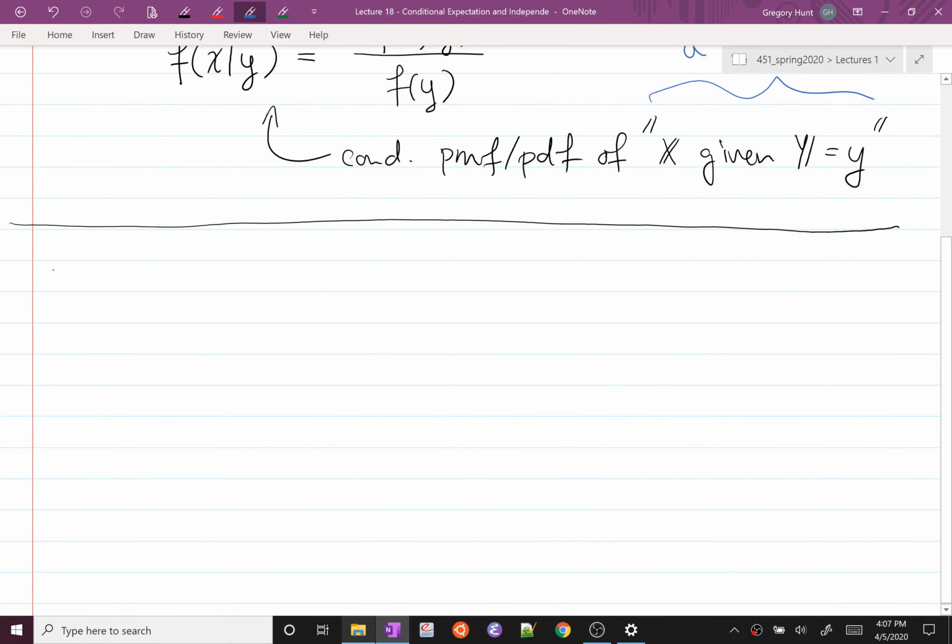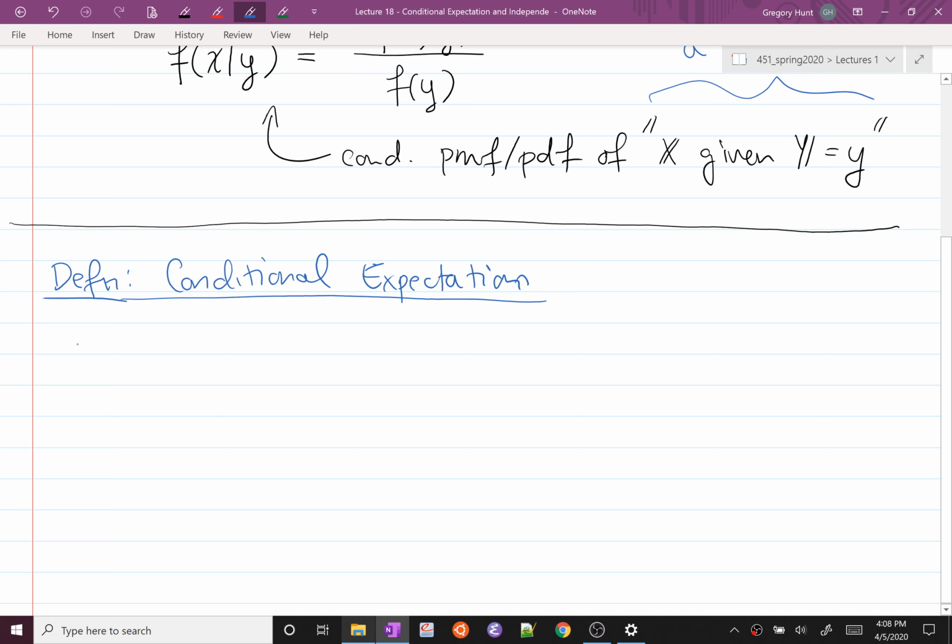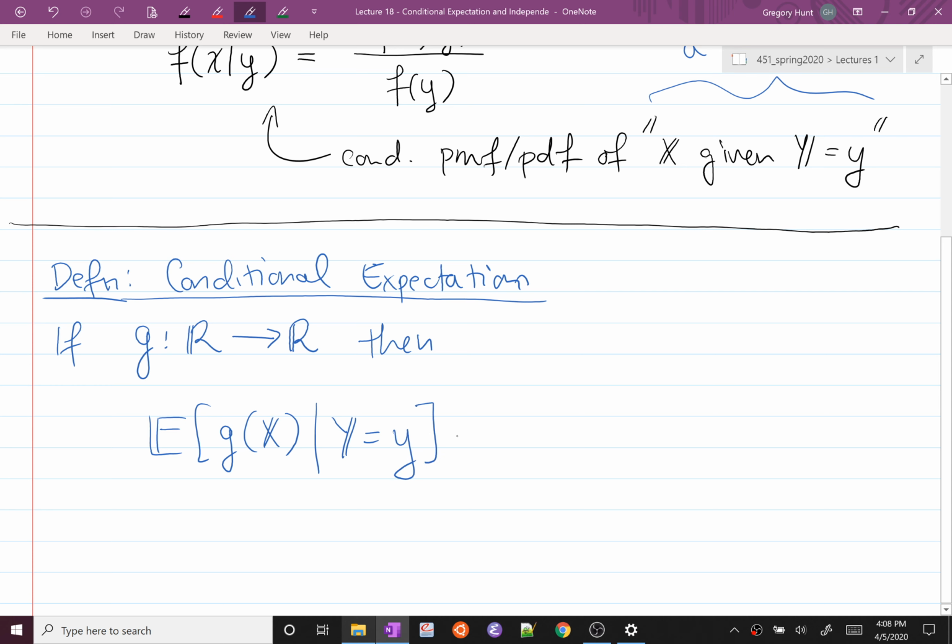And so we can define conditional expectation, and this is going to be defined pretty much in the way we think it would be defined. If I have some function g, which is just a real valued function, R to R, then before I've looked at the expected value of g of x, but now we can look at the expected value of g of x given y is equal to little y.